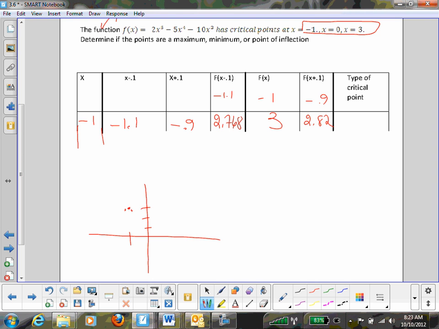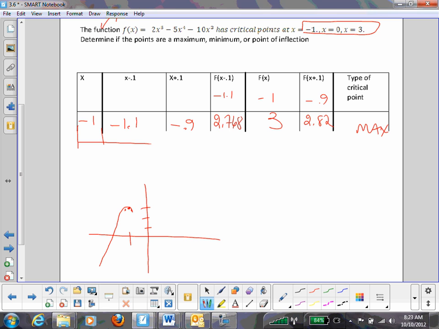So what do you think's going on here? What are we doing? We know this tail is coming from here. We don't have any other critical points. Well, we don't know yet. Let's see what our other critical points do. But would we agree this would be a max, a min, or a point of inflection? It's a max. We don't know what kind, but we're going to say max.